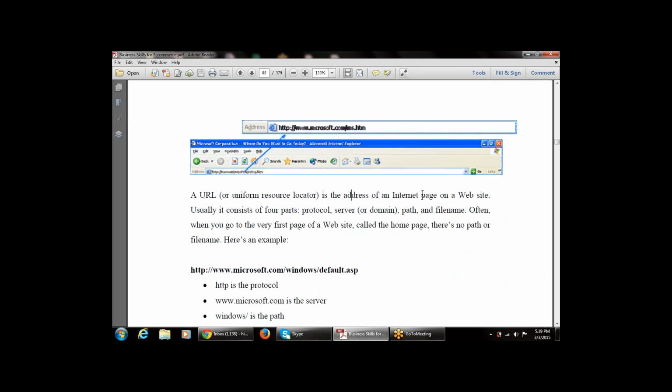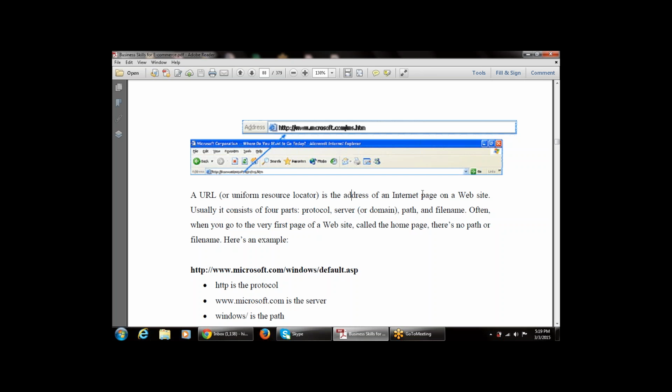Suppose I want to open Google, google.com. That is the address, or the URL, of an internet page on a website. I only write Google, but in the URL it is http://www.google.com.